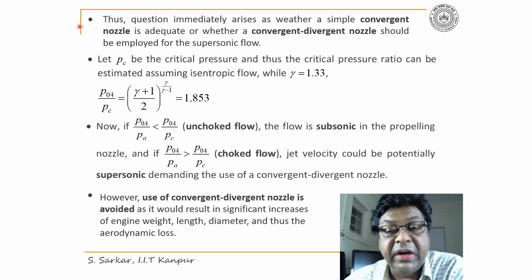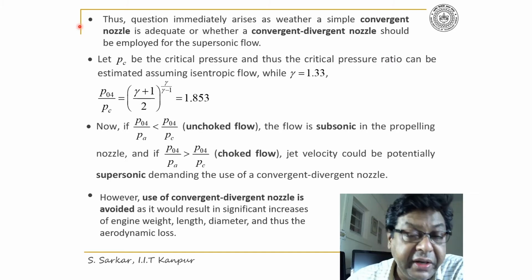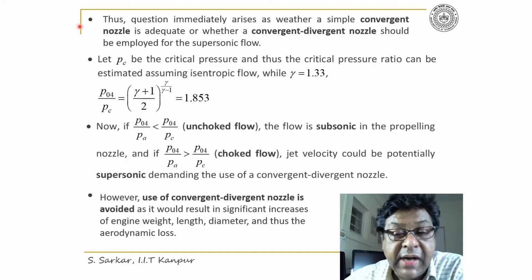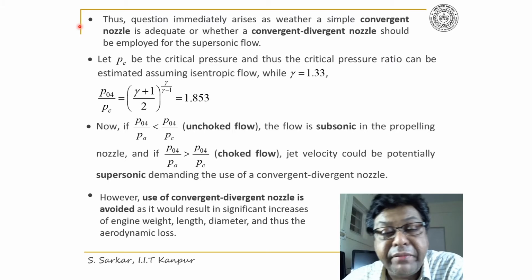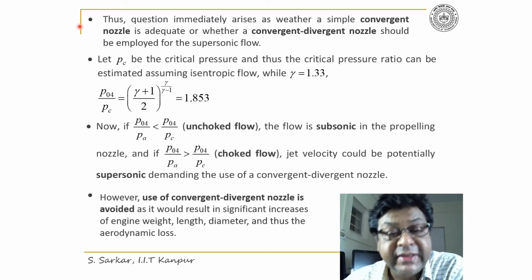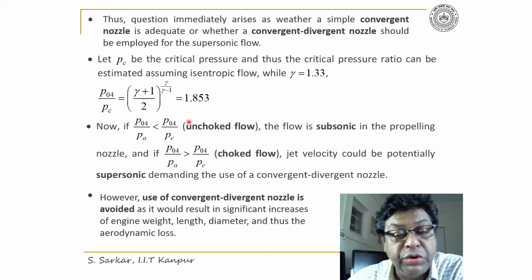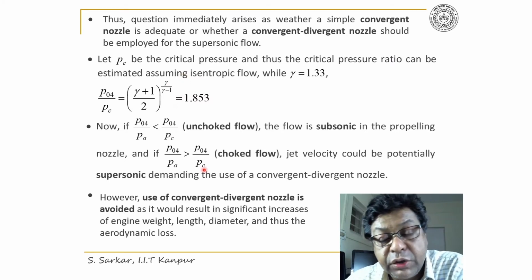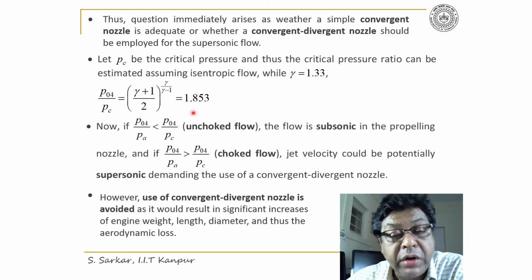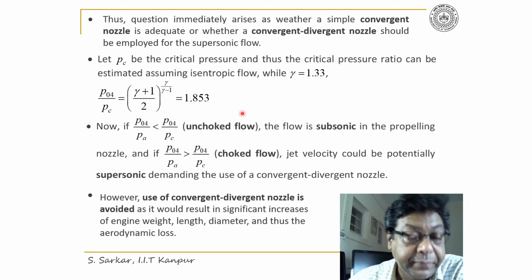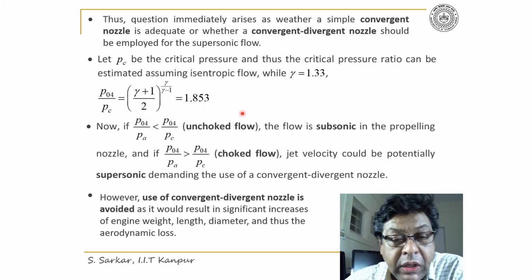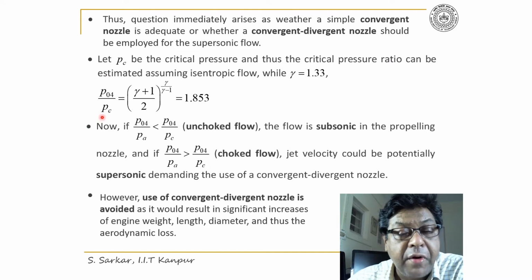The critical pressure ratio can be estimated assuming isentropic flow with gamma being 1.33, as P04 by Pc is equal to ((gamma plus 1) divided by 2) to the power gamma by (gamma minus 1), that leads to 1.853. So this relation will give me the value of critical pressure.